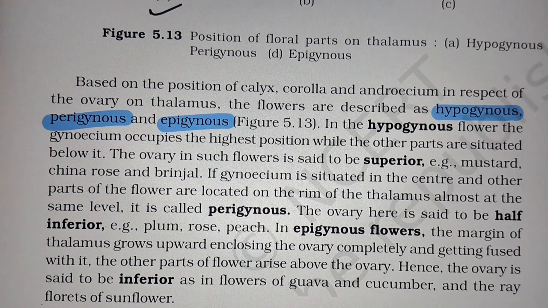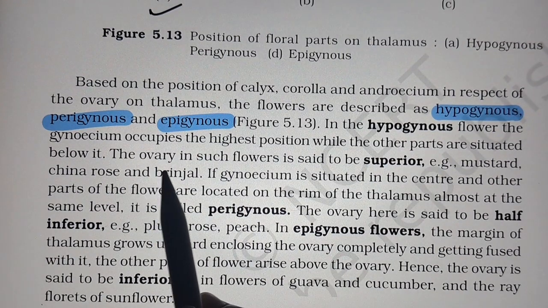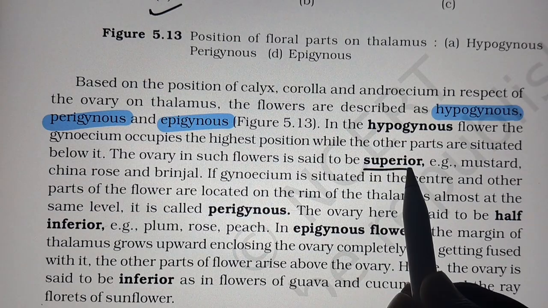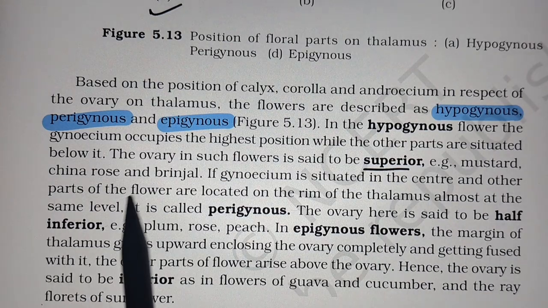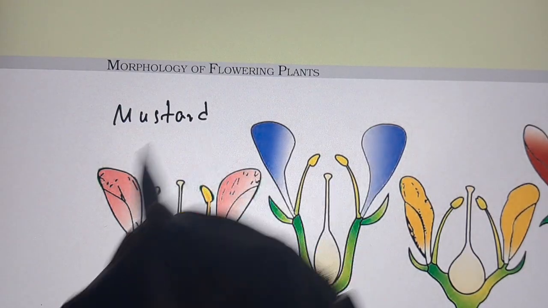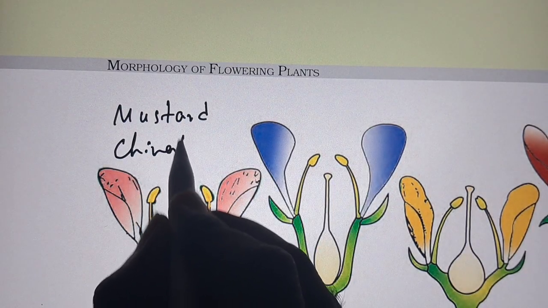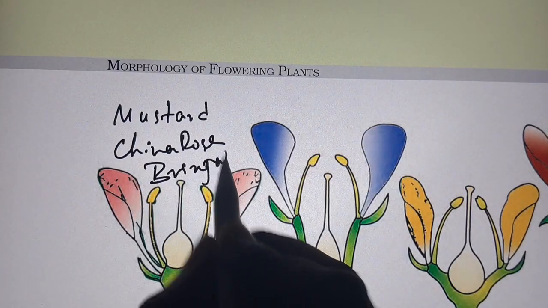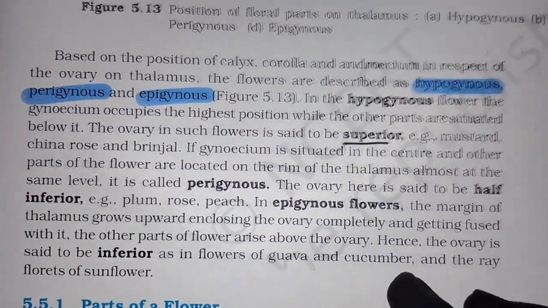And the ovary in such flowers is said to be superior. Examples are mustard, china rose and brinjal.